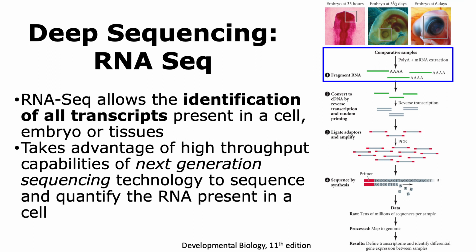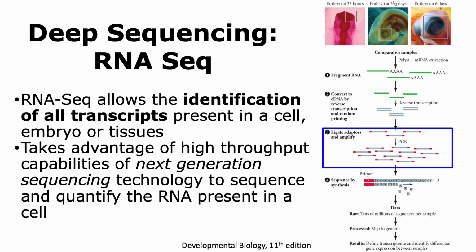And then the RNA is extracted and messenger RNA is obtained, and that RNA is then fragmented to form smaller sequences. This fragmented RNA is then converted to cDNA by the reverse transcriptase enzyme, and random priming also facilitates the process.